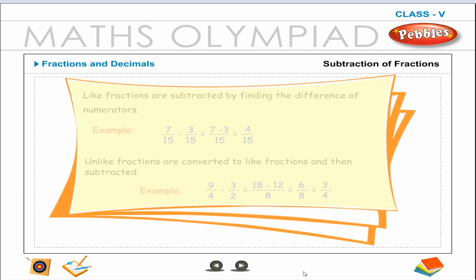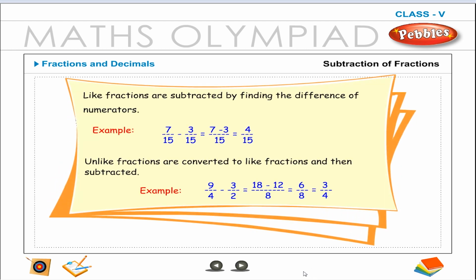Subtraction of fractions. Like fractions are subtracted by finding the difference of numerators. Example, 7 by 15 minus 3 by 15, which is equal to 7 minus 3 by 15, which is equal to 4 by 15.